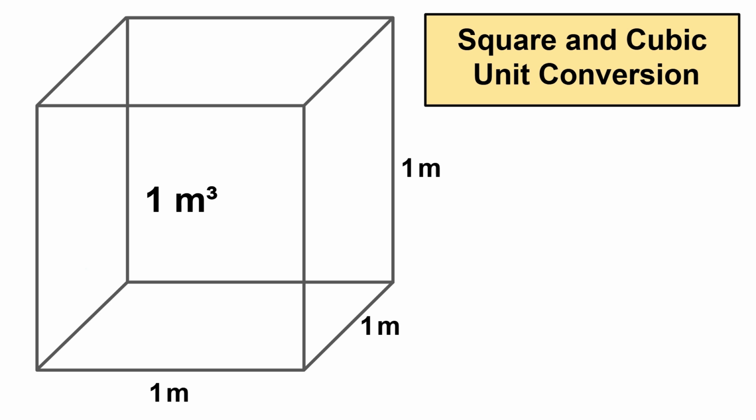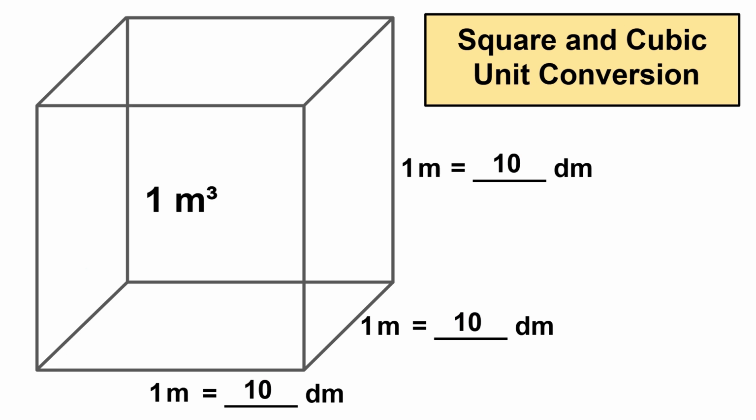Well, to figure this out, we'll need to think about the cube's length in decimeters, width in decimeters, and height in decimeters. And remember, from our earlier example, that 1 meter is equal to 10 decimeters. So the length, width, and height of our cube are each 10 decimeters, giving the cube a volume of 1000 decimeters cubed.